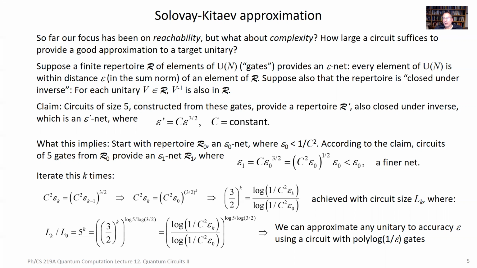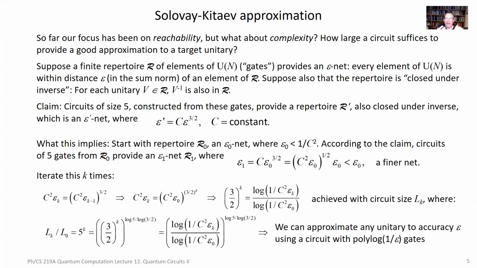So up to an overall phase, it's the identity. And so the inverse of the T-gate is just doing the T-gate 7 times. So we can include that in our repertoire once we have the T-gate.